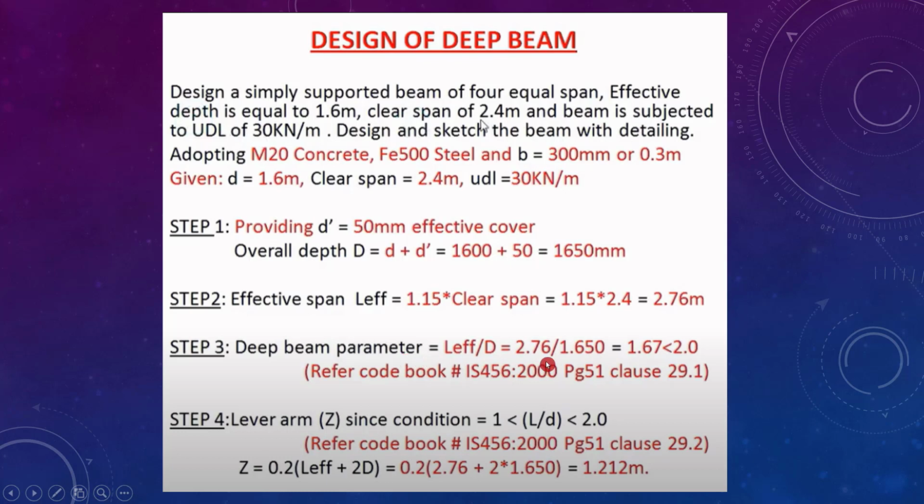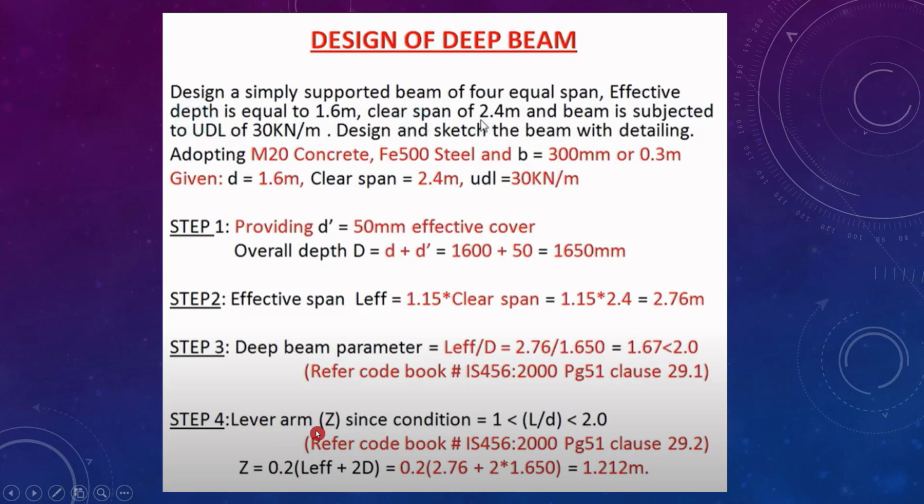So we found the L by D value to be less than 2 for a simply supported beam. So this parameter is satisfying the deep beam condition. So we have to design this beam as a deep beam. The corresponding code clauses are listed here.